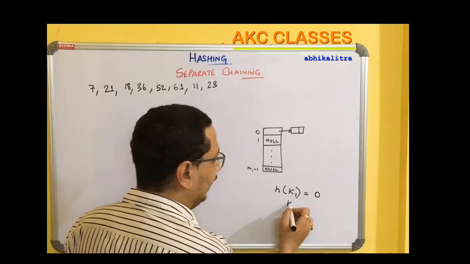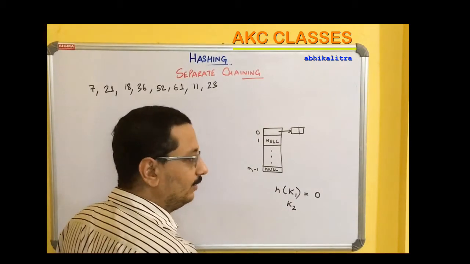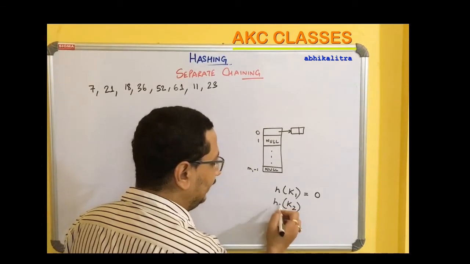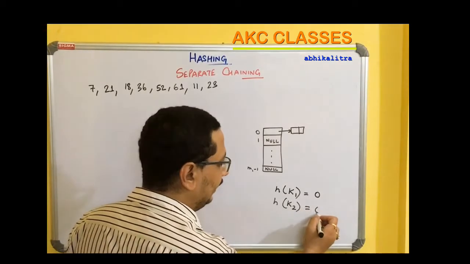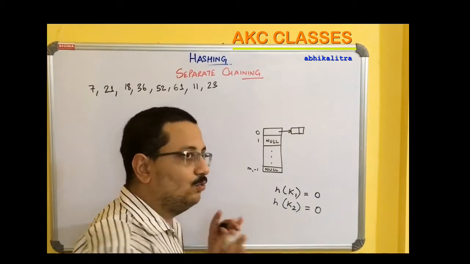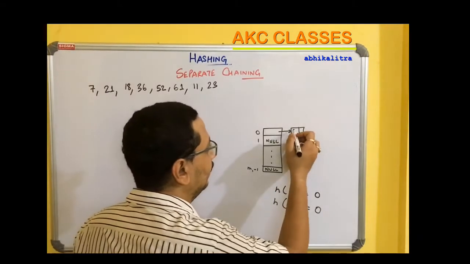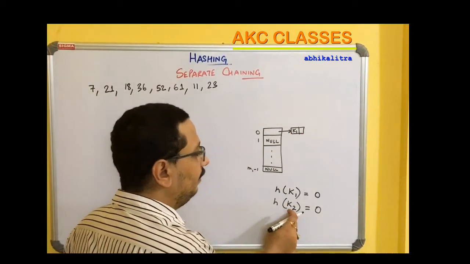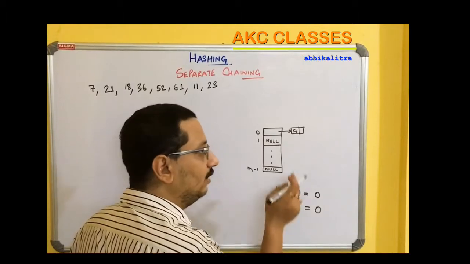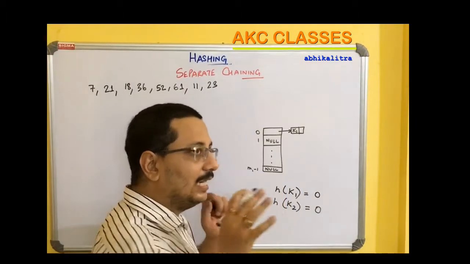If I take another key value k2, and I apply the hash function, and I get 0 again, then there is no such concept of collision over here. We simply insert a node at the end of the current chain.